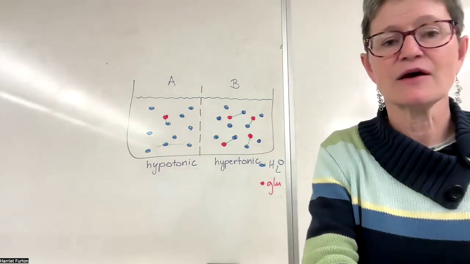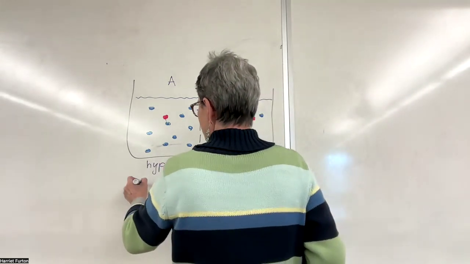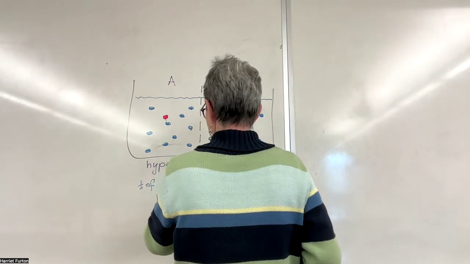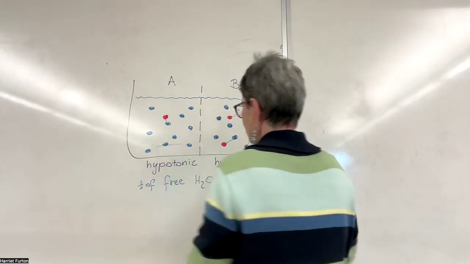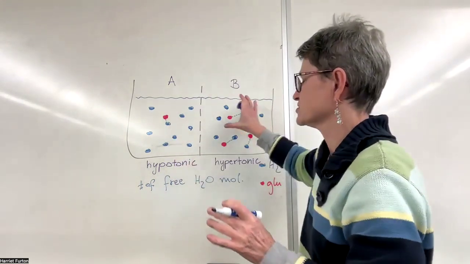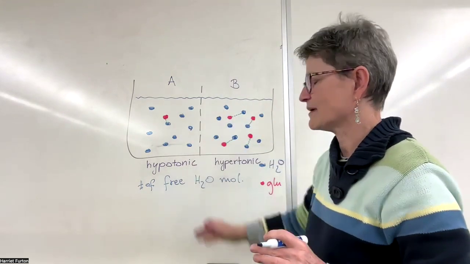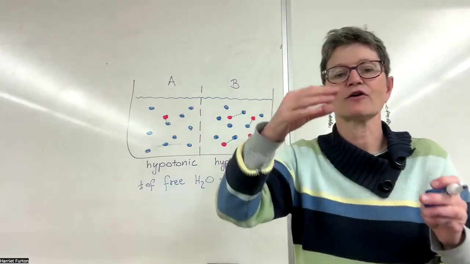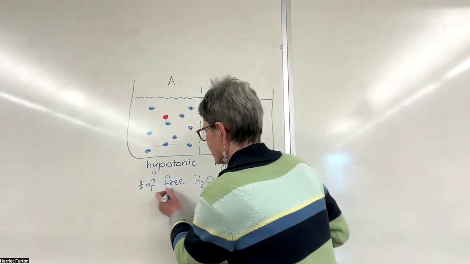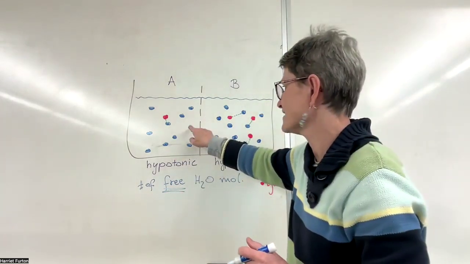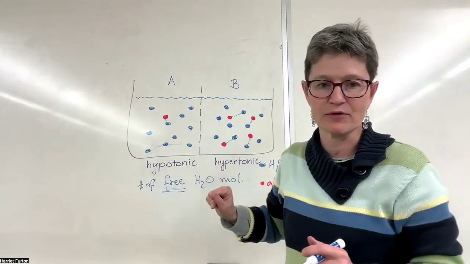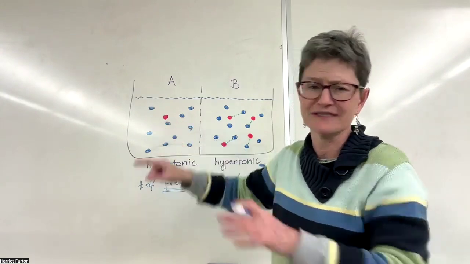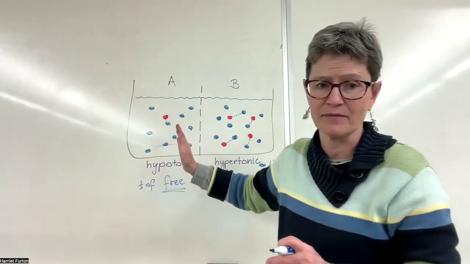So in this case, we want to see the number of free water molecules in each side of the semi-permeable membrane. Those free water molecules are the ones that can cross the semi-permeable membrane. When they are bound water molecules, they cannot cross the semi-permeable membrane.